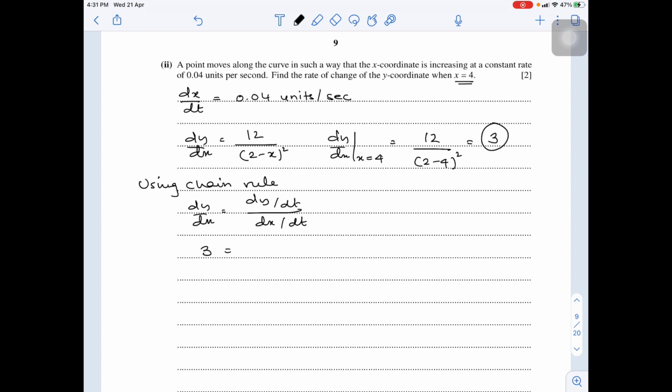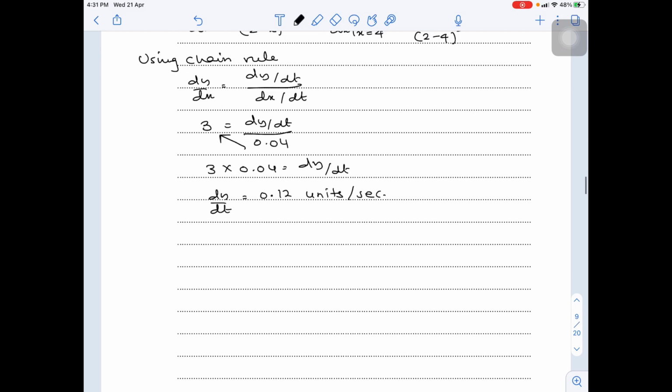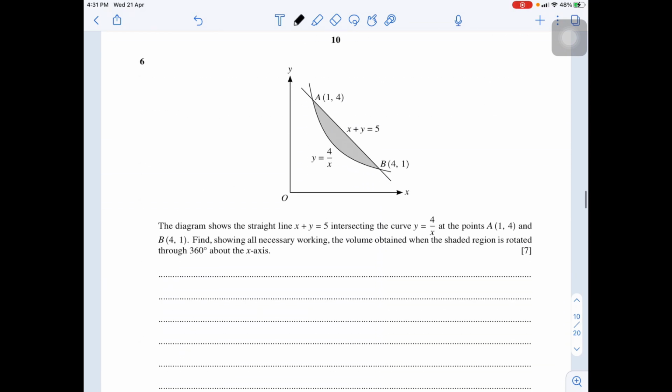Now dy over dx we have calculated, it is 3, equals dy over dt, which we have to calculate, over dx over dt, which is 0.04. I'm sending it to the other side. So 3 times 0.04 is dy over dt. So dy over dt is 0.12 units per second. Let's try question number 6 now.